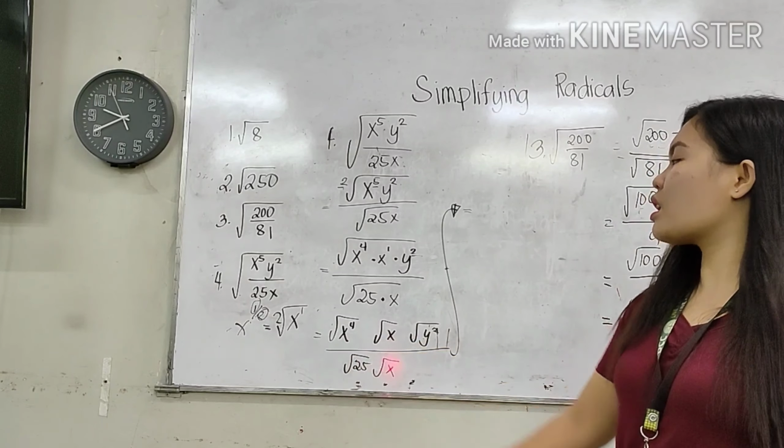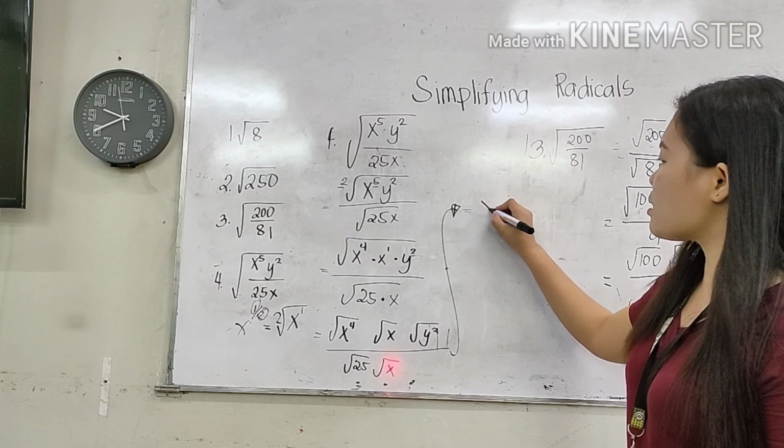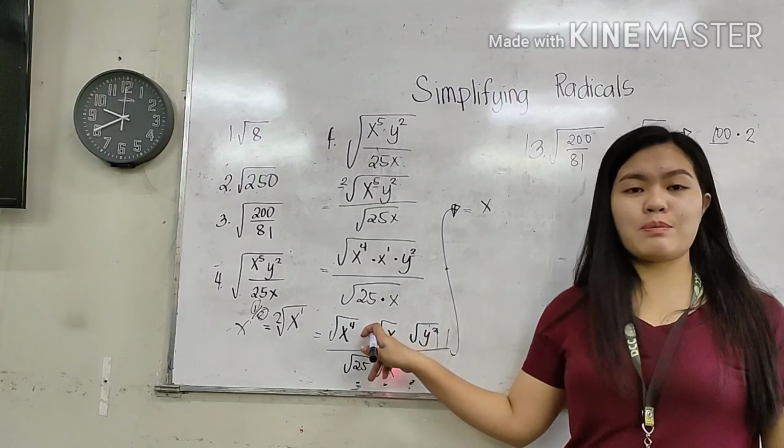Now from here, we write x, then we have the exponent 4.